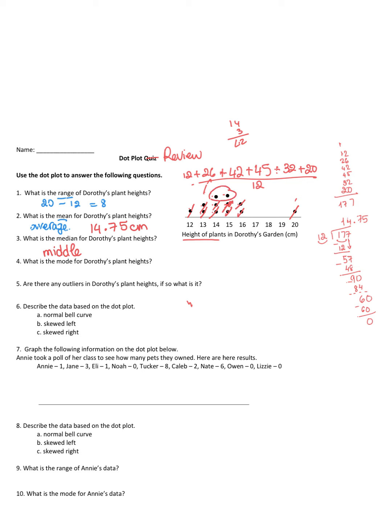So I have to find the average of those 2 numbers. Average means I'm going to add 14 and 15 and take half of that. 29, so half of 29 will be 14.5.